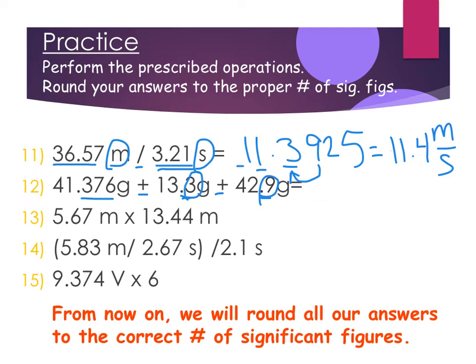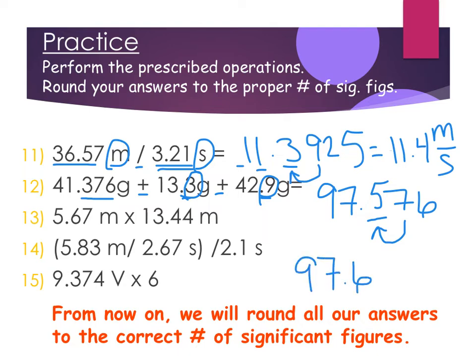So the calculator gives us 97.576, which we want to round to 1 decimal place. Would the 7 make the 5 round up? Yes. So this would be 97.6. When we add, the units must be the same for all of them, and they're going to be the same for the final answer. So the unit for this one is grams.